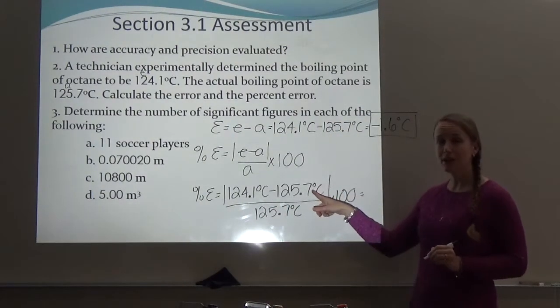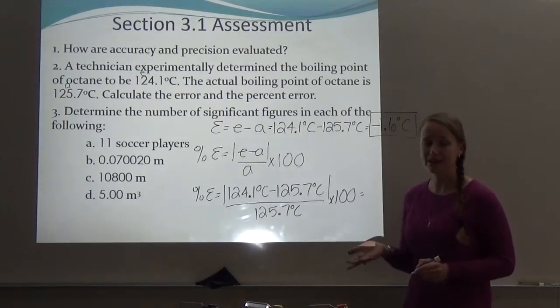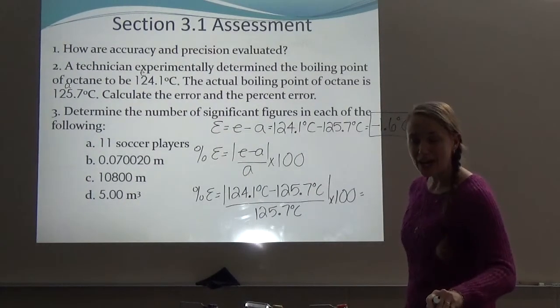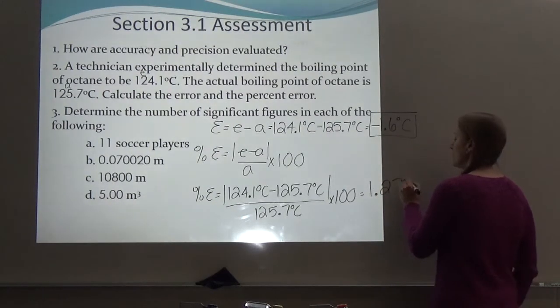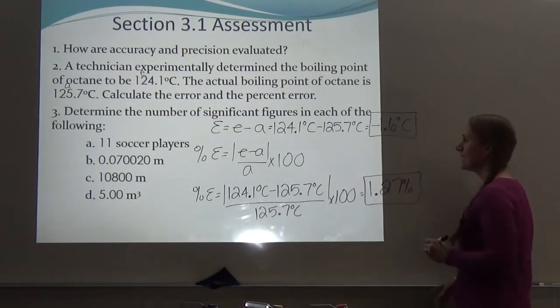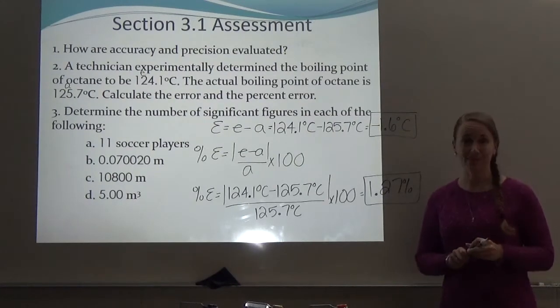Remember, absolute value is going to make my answer automatically positive. So once I do that, I end up getting 1.27. And remember, the unit for percent error is the percent sign.